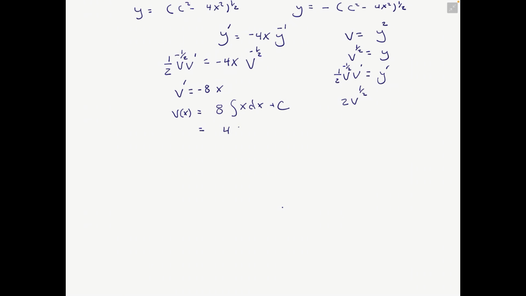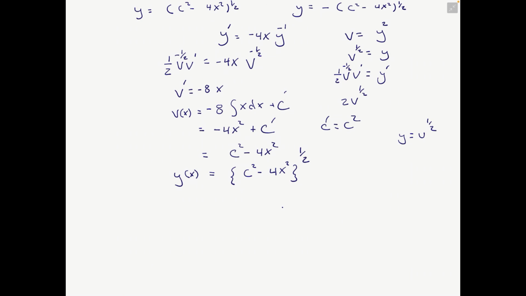And that gives us minus 4x squared plus c, and that could be, c prime equals c squared, and so we have c squared minus 4x squared, and we have the relationship y equals v to the 1/2, so y of x is equal to c squared minus 4x squared to the 1/2, and that's our solution.